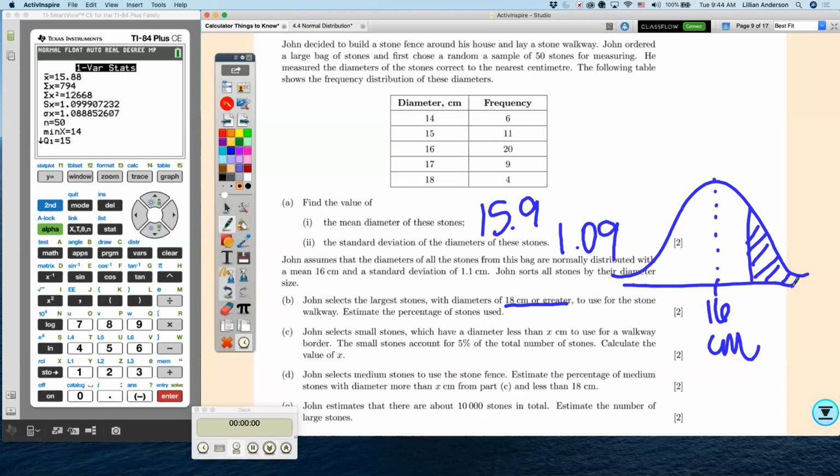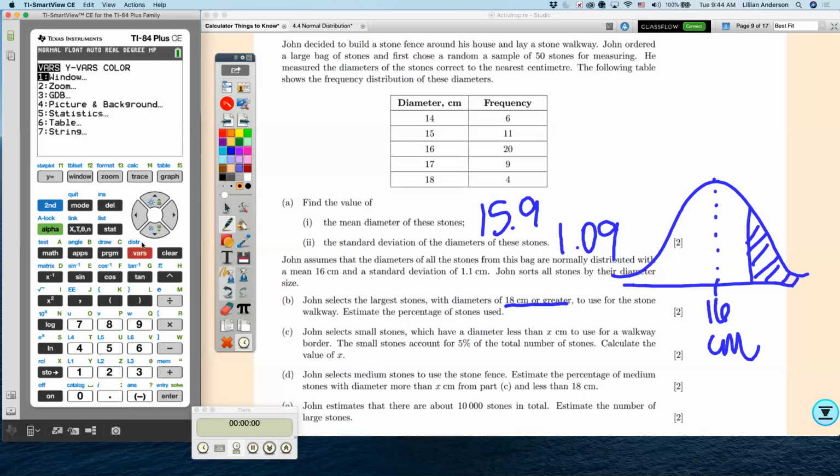Percentage. Where was normal distribution located? Second vars, distributions. Is it PDF or CDF?